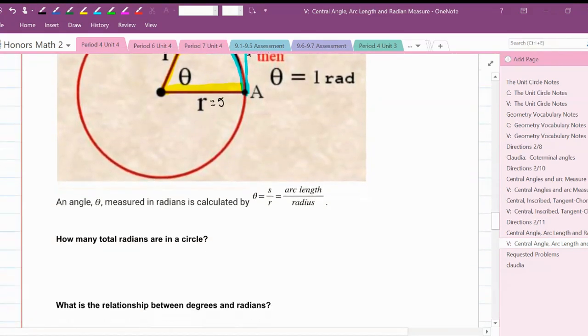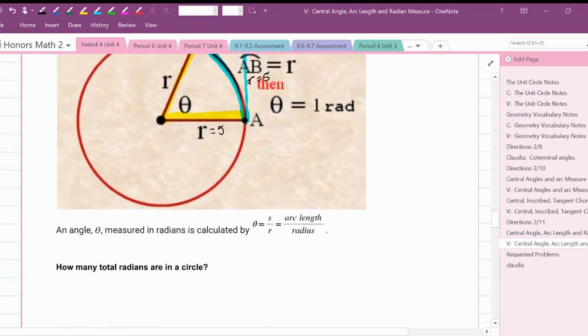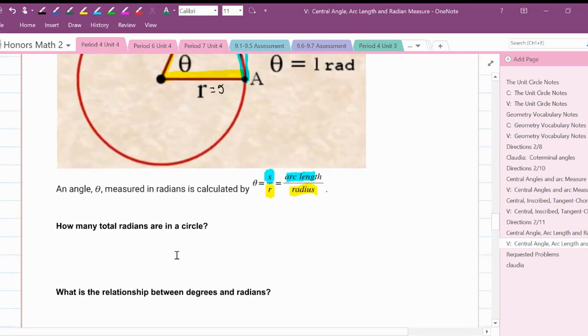Now, how would we calculate a radian? Well, we set up that ratio to see if it equals 1. We take the length of our arc, which we just talked about and calculated, and we put it over the length of the radius. And what we would be interested in, since we're working with circles here, is how many total radians are in a circle.